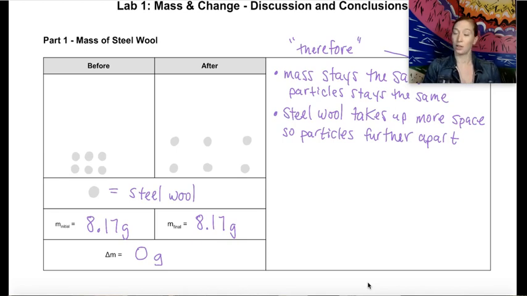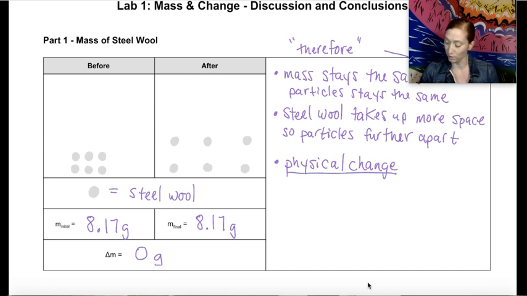One of the things we also want to consider when we're thinking about each of these changes is whether or not a physical or chemical change took place. Now, in this particular part, we have steel wool before and steel wool after. So this is going to be a physical change. And I'm going to underline that to make this stick out as part of our conclusions.